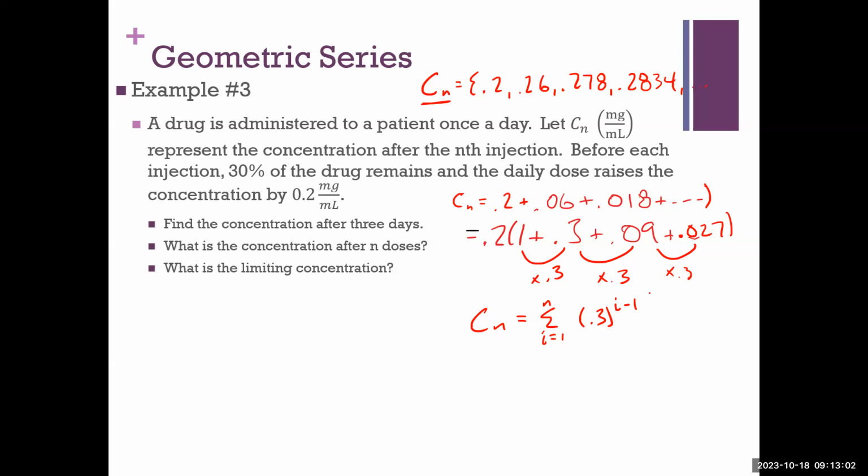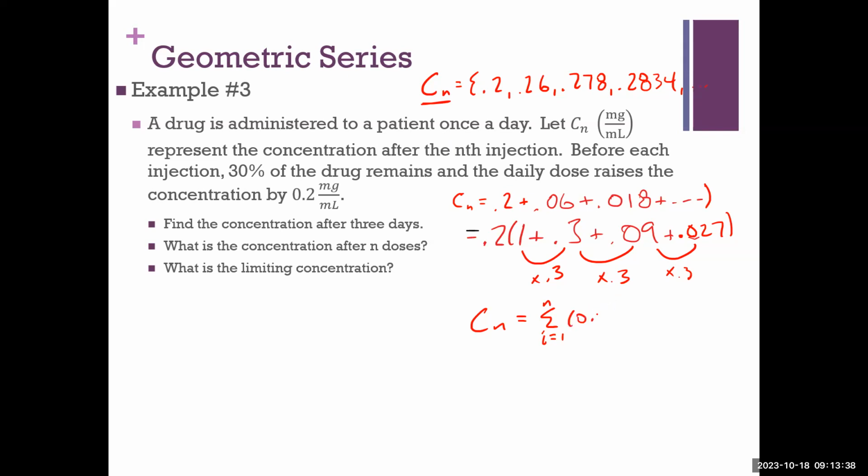But is this complete? Is this alone going to give me my full series? The 0.2 needs to be there, because basically I'm going to multiply all those terms by that.